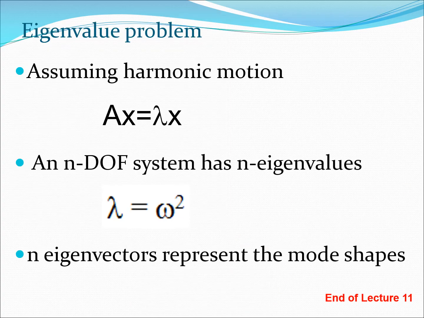Now you could write this previous problem in this form if you presume harmonic motion, and therefore what this tells you is that you have to find the eigenvalues of A, and those would give you the squares of the frequencies, and the vectors would give you the mode shapes. So this is a very simple problem. You can solve this using any solver or any higher level programming language such as MATLAB or Python, and you can get the natural frequencies of the system.